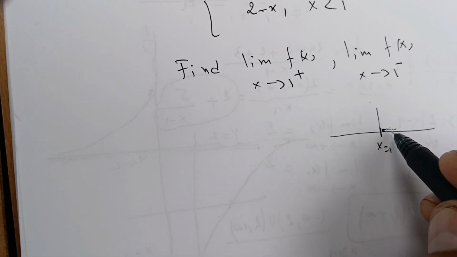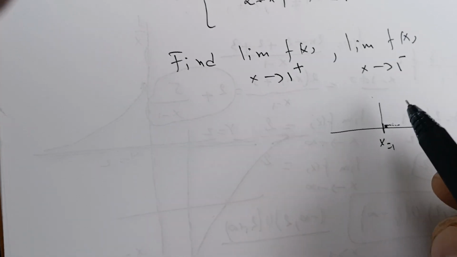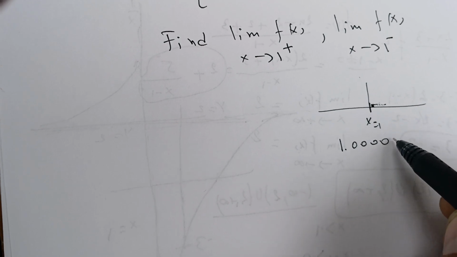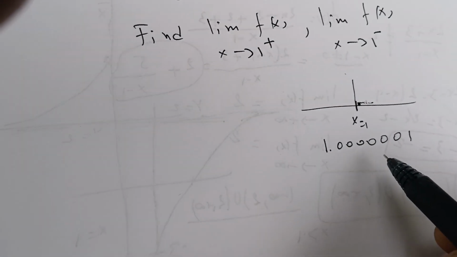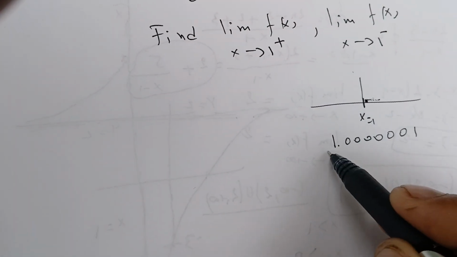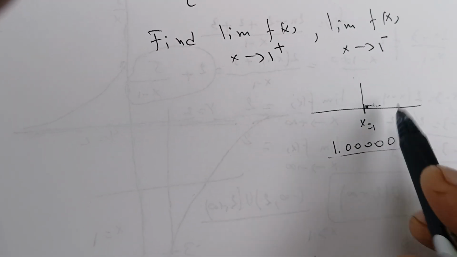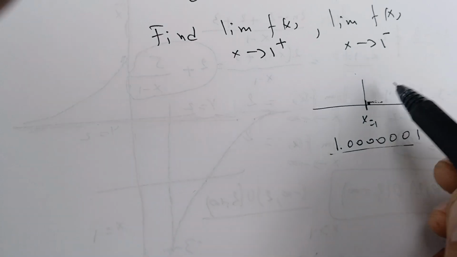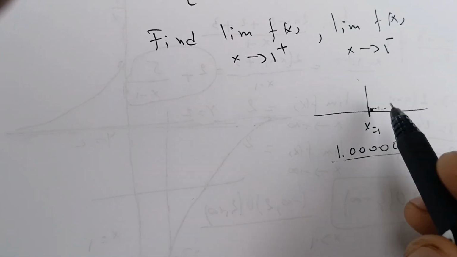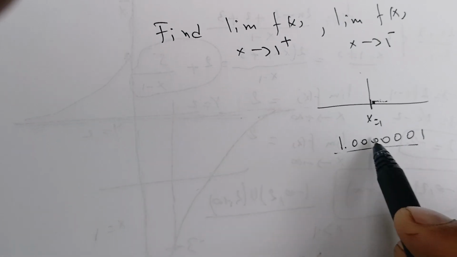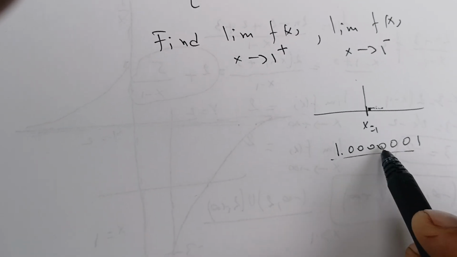That means we take values that are bigger than 1 but very close, like 1.000001. This value is close to 1 but not equal to 1. It's bigger than 1, but close to 1 because the difference is very small.